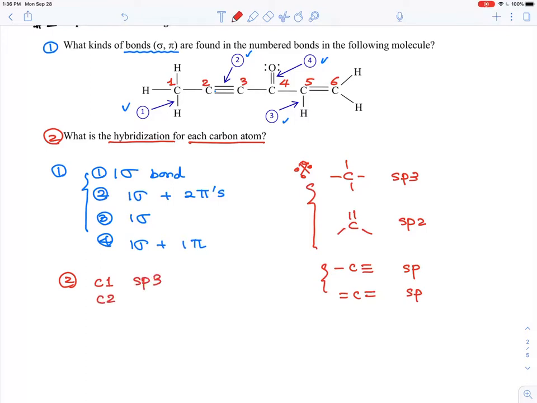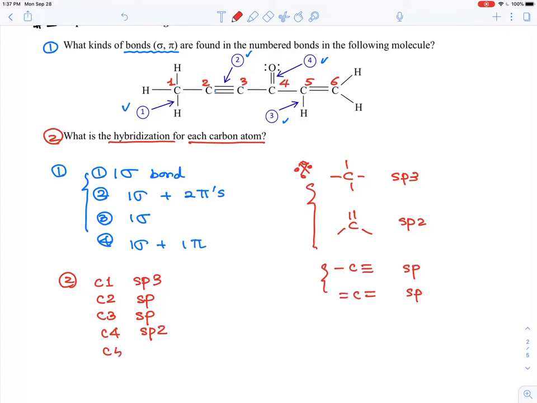Carbon number 2, you see 2 sigma bonding and 2 pi bonding, so that must be sp. And this carbon 3 is also sp hybridization. Carbon 4, you see the 3 sigma bonding with 1 pi bonding, so carbon 4 is sp2 hybridization.